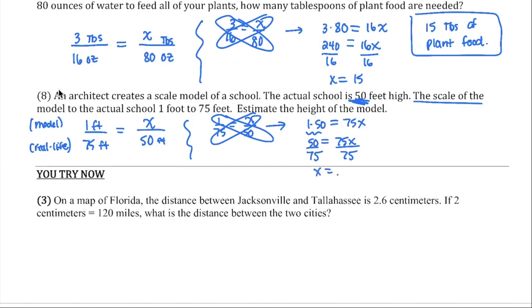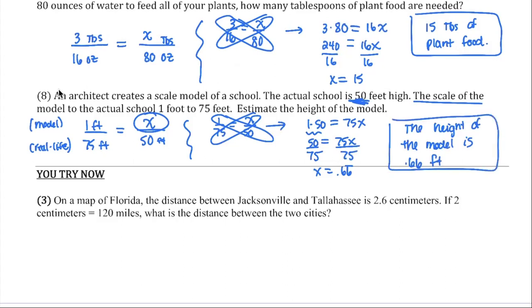It's going to end up being about 0.66 repeating, or 0.67. And all this means, if we look back here, we just found the actual height of the model. The height of the model is 0.66 feet, or 0.67 technically.